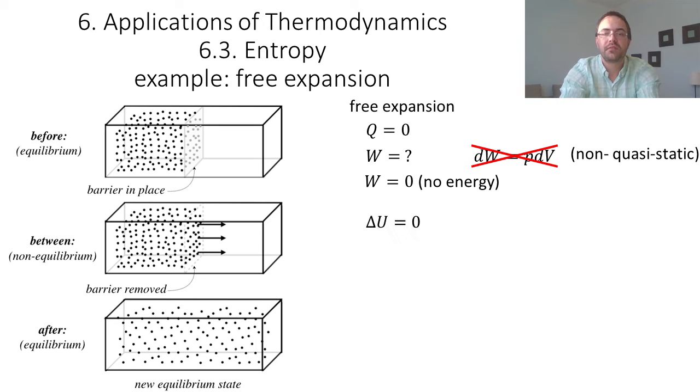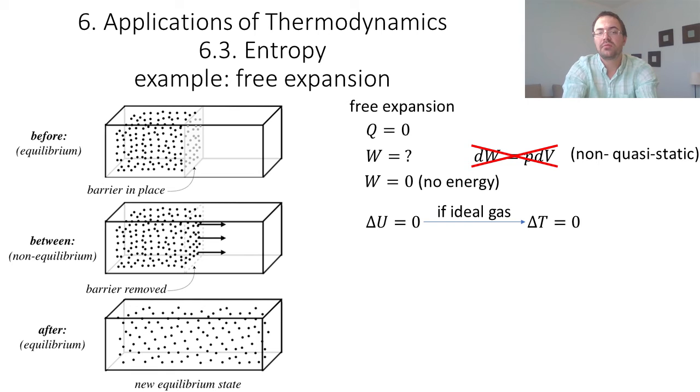Then using the first law of thermodynamics, we have delta U equals 0. And if the gas is an ideal gas, since U depends only on temperature for an ideal gas, then delta T is 0. Now you see that the energy is the same before and after the expansion. So the first law of thermodynamics does not tell you anything about in which direction this process should happen.